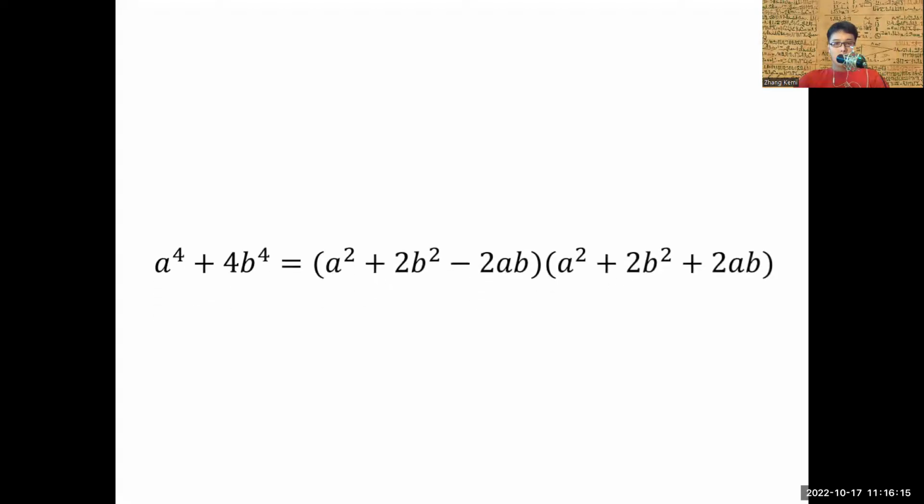It says that a to the power of 4 plus 4b to the power of 4 is equal to the following product: (a squared plus 2b squared minus 2ab) times (a squared plus 2b squared plus 2ab). That is something we are going to apply as a strategy to solve today's question. Anyway, that's known as Sophie Germain's identity.